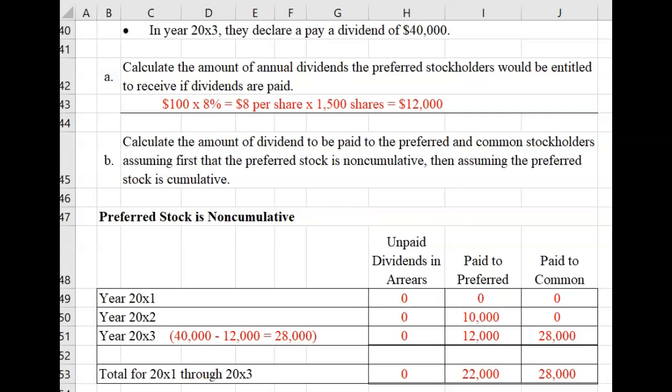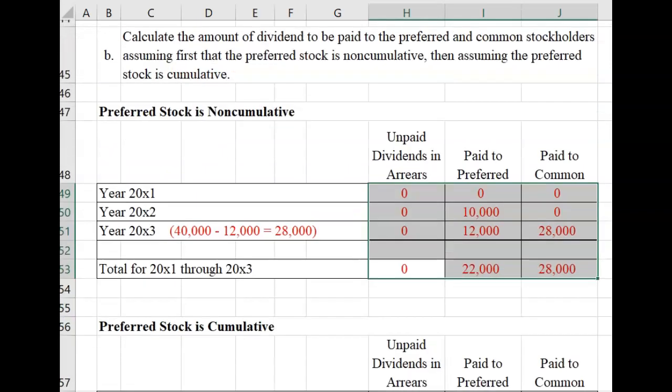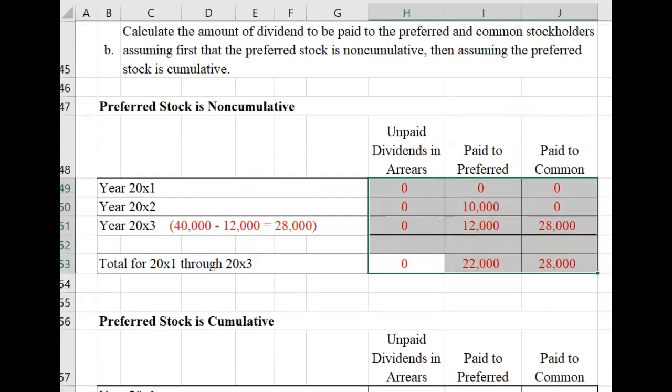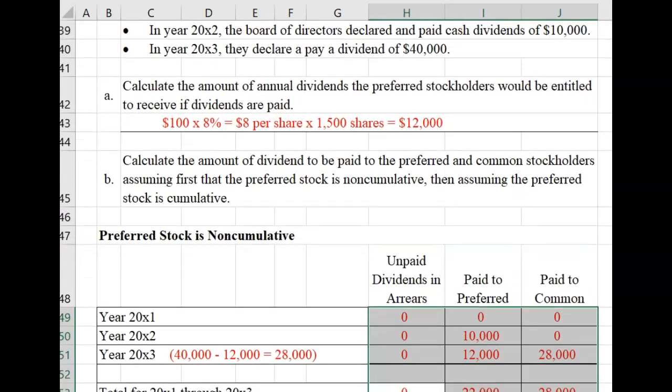Now let's do an example where the preferred stock is cumulative. The first thing to remember is that the preferred shareholders are entitled to receive an annual dividend. If dividends are actually paid, they're entitled to receive an annual dividend of $12,000. And in a cumulative preferred stock situation, they don't lose it.